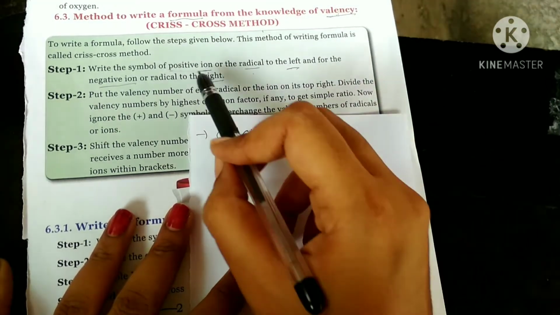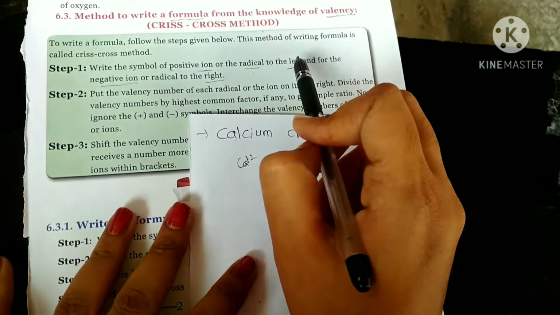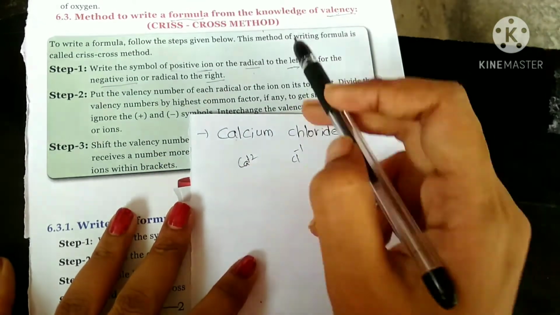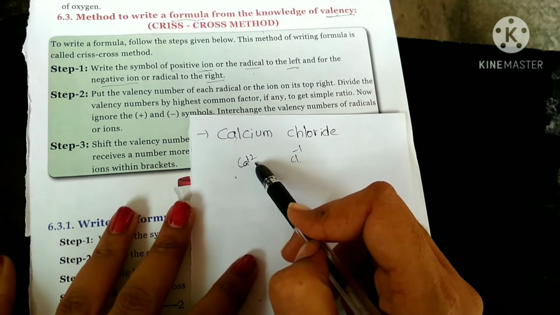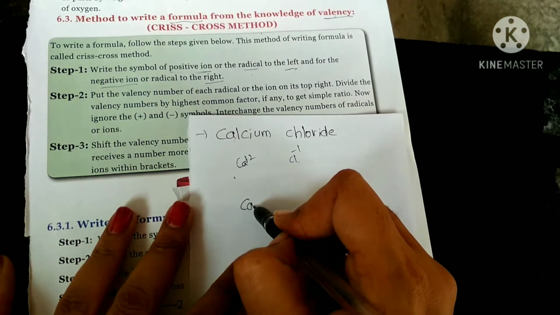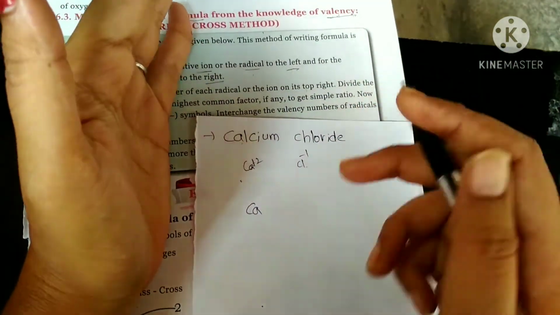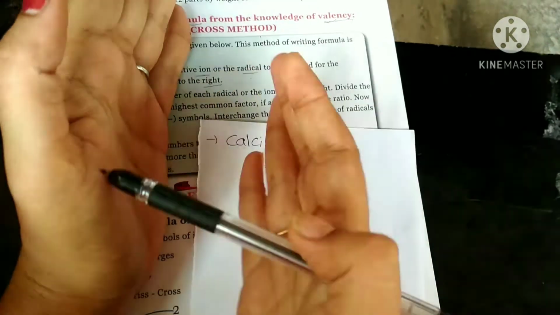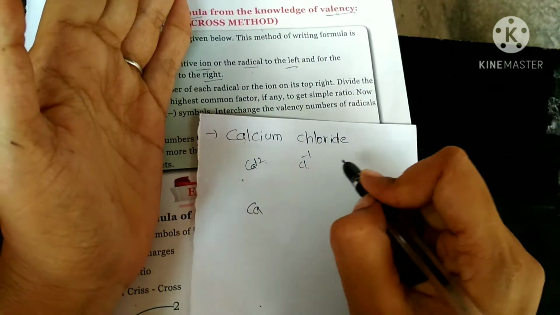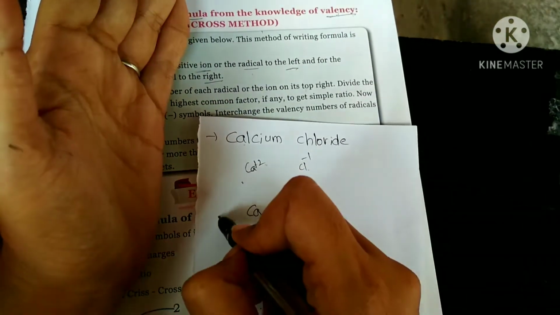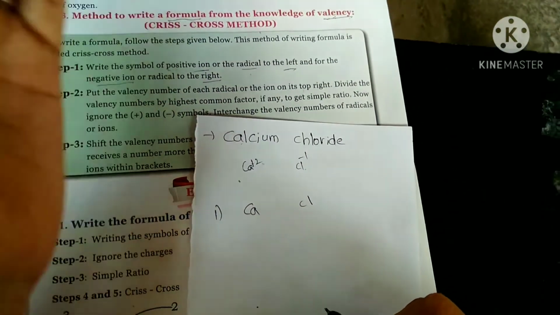We write the positive ion on the left and the negative ion on the right. In this the positive ion is calcium, so we write calcium on the left side, and the positively charged species goes on the left and the negatively charged species on the right. This is the first step.